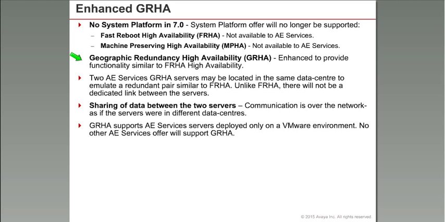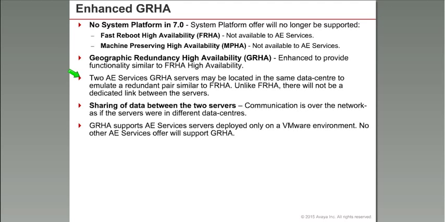I'm told that we can still use AES 6.3.3. So if machine preserving HA is essential to customers, then in the Aura 7 time frame, the Aura 7 core will work with AES 6.3.3. But if we're upgrading the AES to 7, we're going to need to switch to geographic redundant HA.